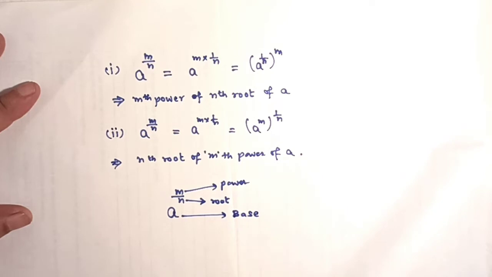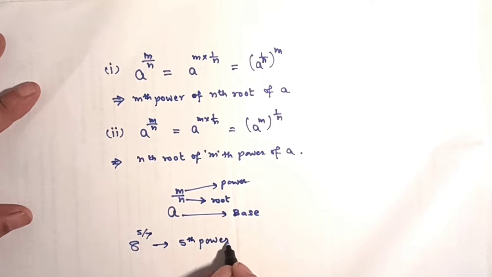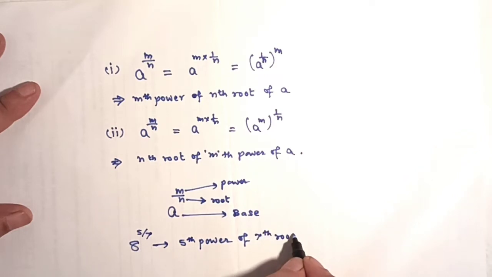and this is your base. Now let's read one number, 8 raised to 5 upon 7. Suppose I start with my power, so I say fifth power of, 7 is down, which is the root, 7th root of 8.